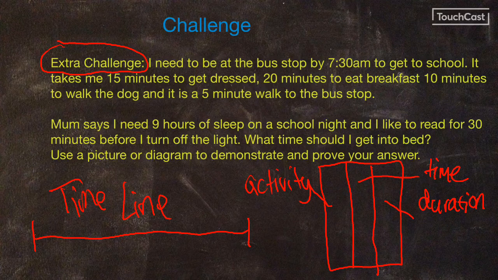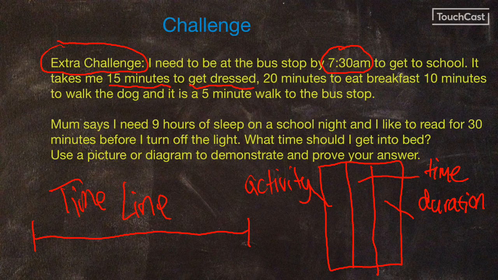For example, the activity might be getting dressed, the duration would be 15 minutes, and the time would be the exact time that you need to start doing that thing so that you can get to the bus stop by 7:30.